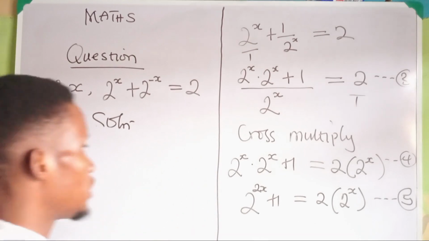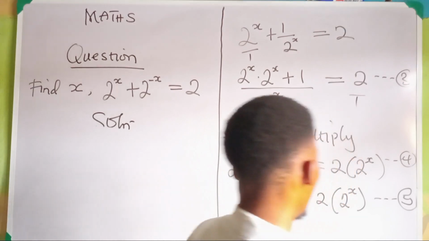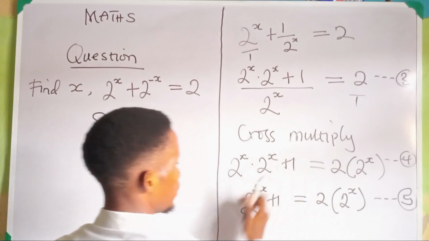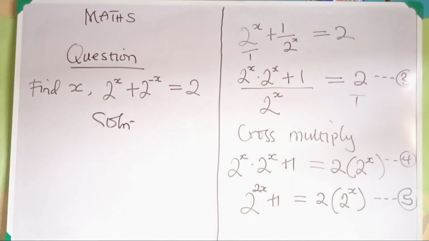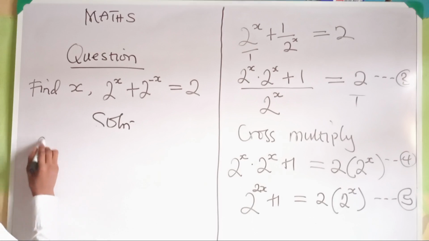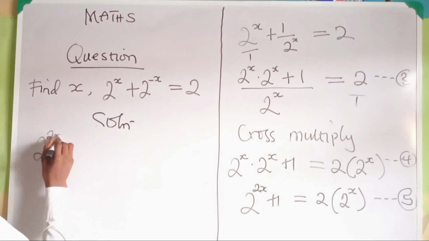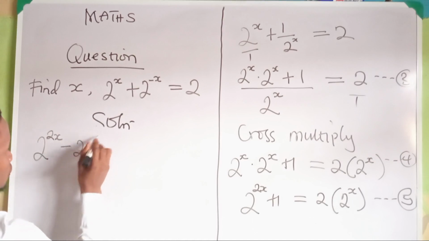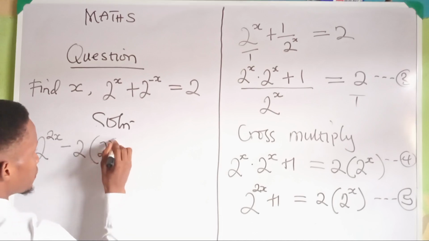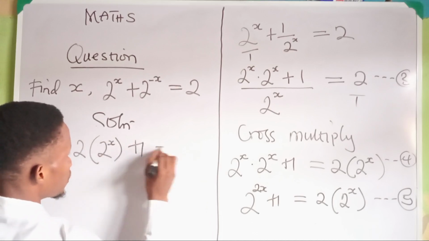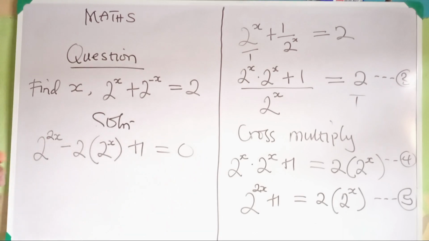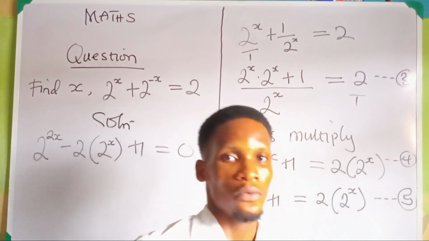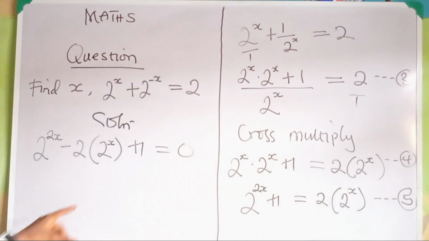If you reach this point, what you do now is take everything to be on the same side, which means we're going to have 2^(2s) minus 2 times 2^s plus 1 is equal to 0. By taking everything from here to this side, it becomes equal to 0. That's why we're having this.